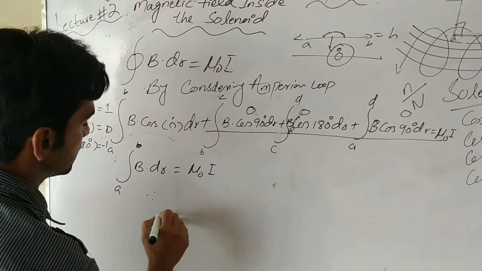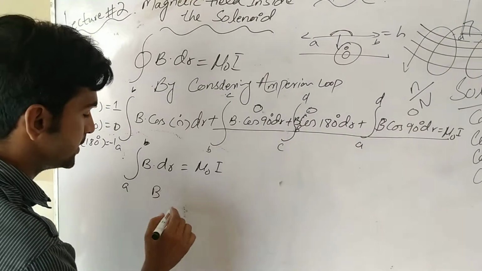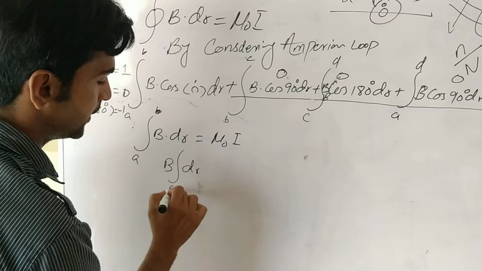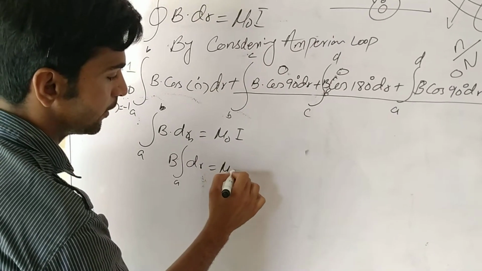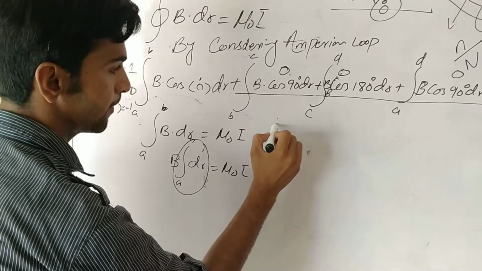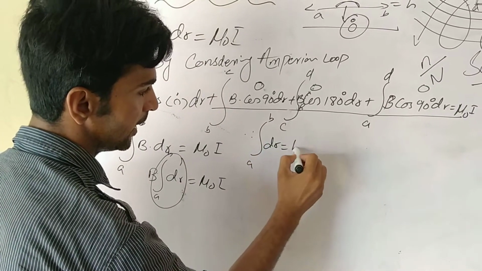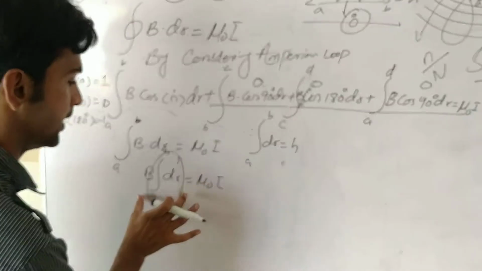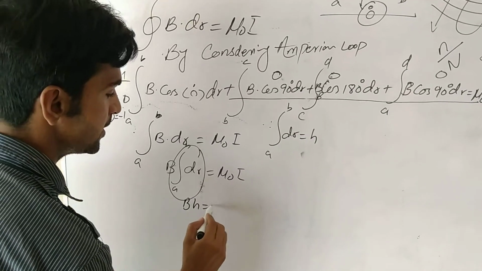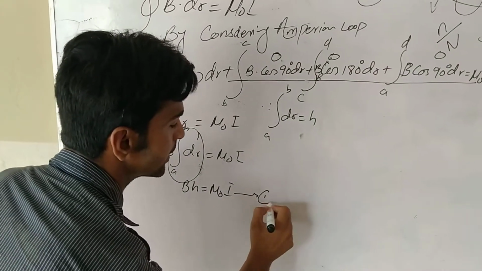So we know that this B is constant, we will take it outside the integral sign, and that is the integral of dl over AB, equal to mu naught I. So in place of this whole term, that is equal to h, we are going to replace this whole term here. So B h is equal to mu naught I, and that is equation number 1.